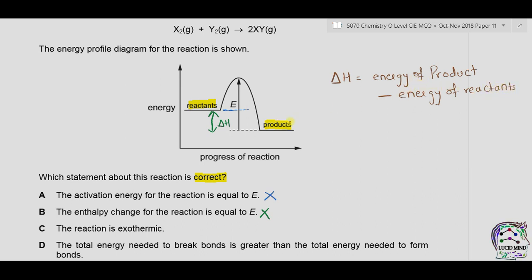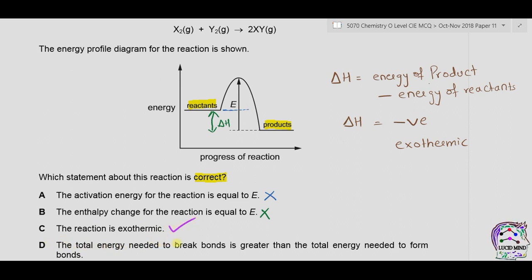As energy of product is less than the energy of reactants, the answer will be negative, and negative enthalpy means that the reaction is exothermic in nature. Also, we can see that the reactants were at higher energy and products are at lower energy, so the energy from reactants is actually released to form the products. So option C is correct.